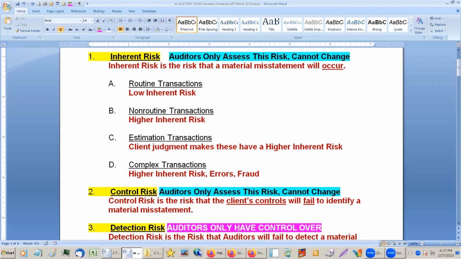Anyway, auditors only have control. So we only assess the inherent risk. We assess the control risk. We can't change it. Those are, well, first of all, controlled by the client. Second of all, the time has already passed.